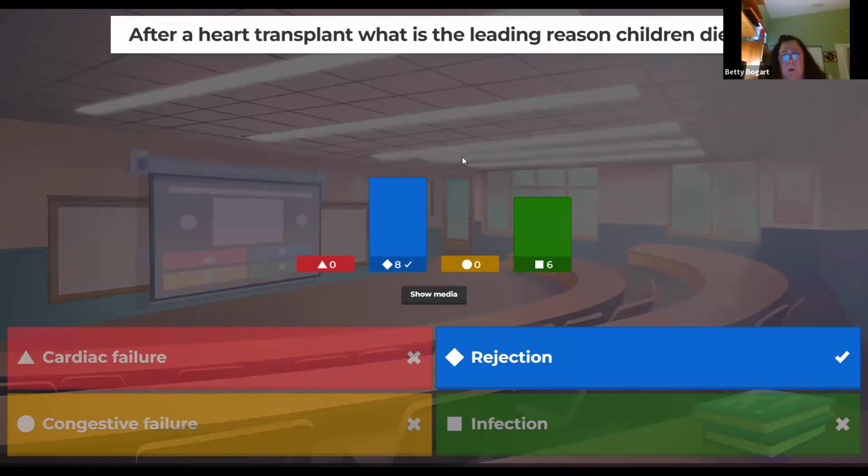These children will be on anti-rejection drugs for their life. When we're talking about the most severe of all of the congenital heart defects, hypoplastic left heart syndrome, these children go through many stages of surgery, and sometimes their heart still doesn't work well, and many of them do require a heart transplant. And as long as they get their anti-rejection medicine, these children can do really well.